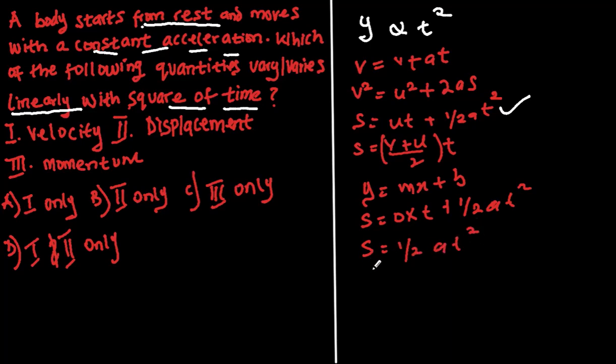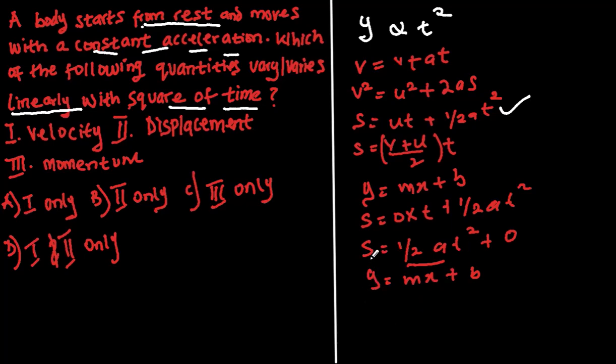Now compare this with y equals mx plus b. Some people say c; you can use b also. That means I can write 0 here, which means this equation has a y-intercept of 0. And don't forget that the slope is constant. In the question it says that acceleration is constant, so half a must be constant. And my x is t squared.